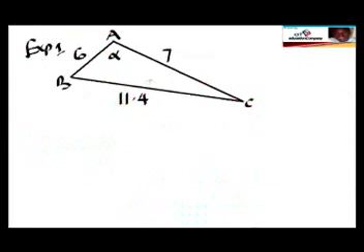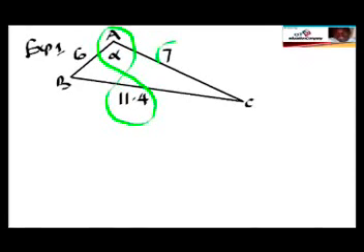So this example says 6 centimeter on this side, 7 and 11.4 on this other side, and you are asked to find the angle alpha. Let's see, we can actually identify the dumbbell shape here. Looking at the angle and these other two sides, you can see that it's a case of a cosine rule.